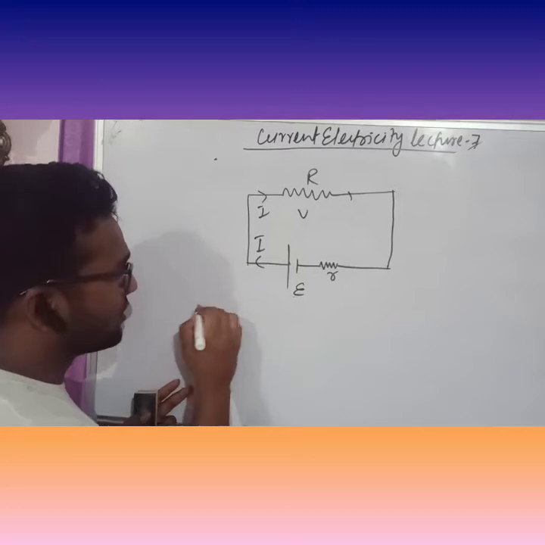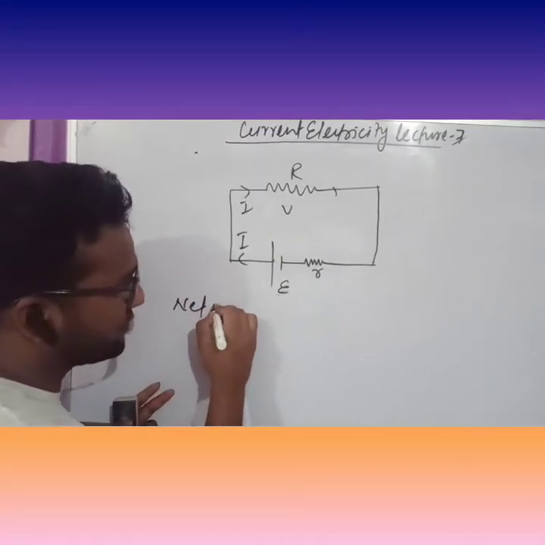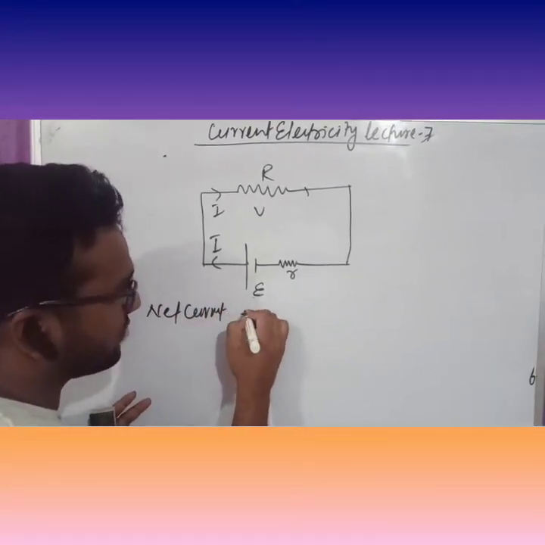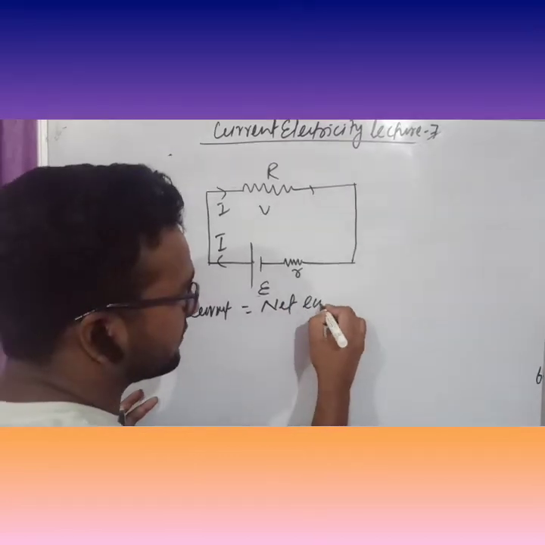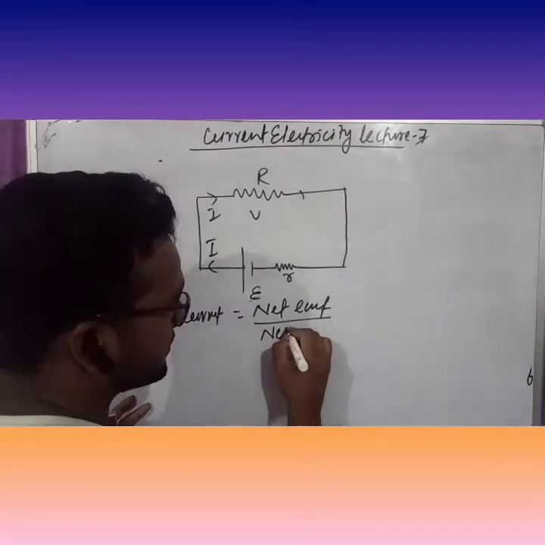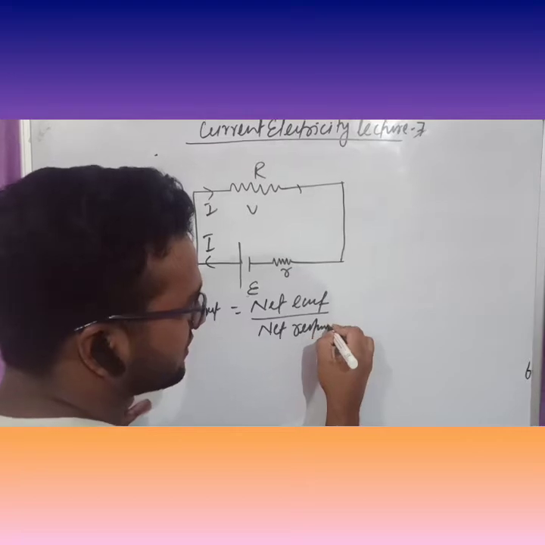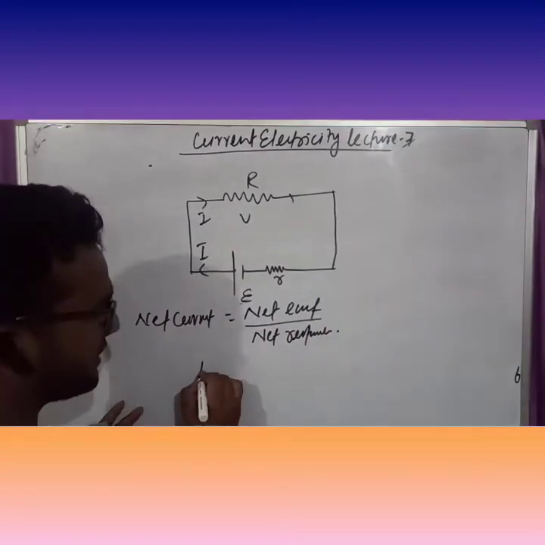Simply, we will use the net current formula: net current equals net EMF divided by net resistance of this circuit.